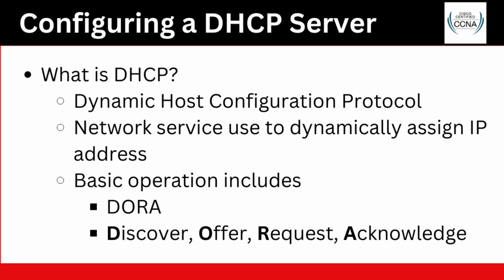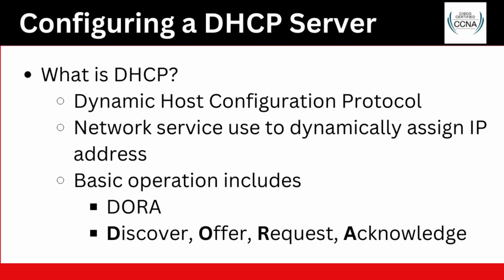On a high level, the operation of a DHCP server follows the famous acronym DORA. D is for discover, O for offer, R for request, and A for acknowledge. The discover happens when a client tries to discover if there is a presence of a DHCP server.